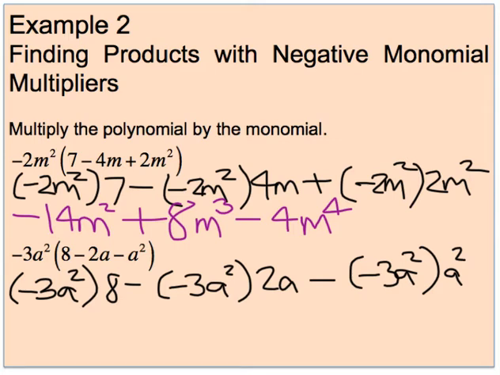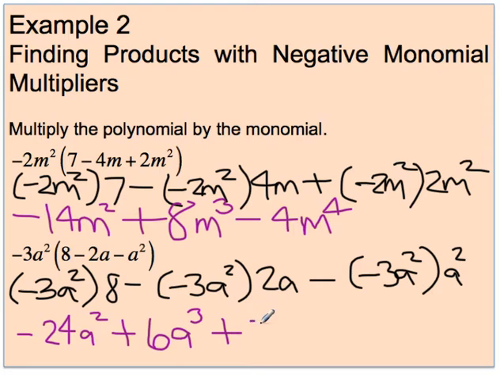So we have negative 3 times 8. That's going to give us negative 24. We have a squared. We have 2 negatives, so that's going to make this middle term positive. We have 3 times 2, which is going to give us 6. And we have a squared times a, which is going to give us a to the 3rd. We have 2 negatives in the back term, so that's going to give us a positive.